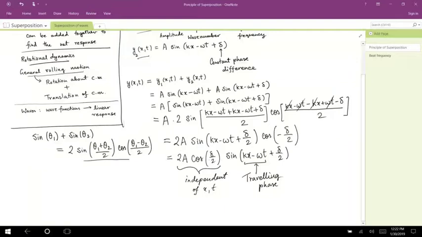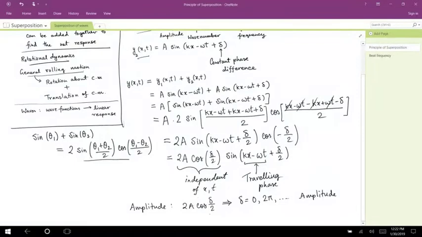The amplitude changes as delta changes. In particular, the amplitude is 2 times a cosine delta over 2, which means that if delta equals 0 or 2 pi or multiples of 2 pi, then the amplitude is 2 times a, because as soon as I put in delta equals some multiple of 2 pi, this cosine delta over 2 is going to be just plus or minus 1.